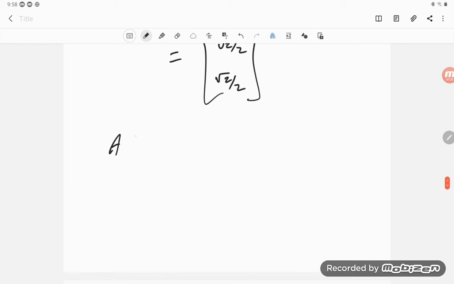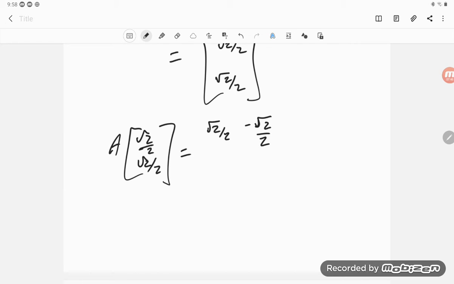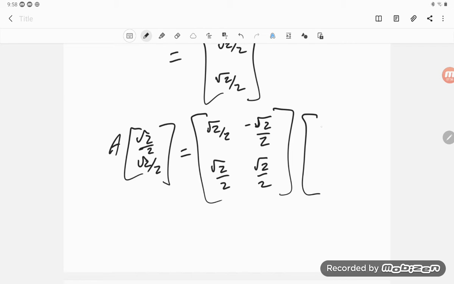Let's take A times the vector with entries square root of 2 over 2 and square root of 2 over 2. So we've got the matrix A: square root of 2 over 2, minus square root of 2 over 2, square root of 2 over 2, and square root of 2 over 2. There's the matrix A times my vector.